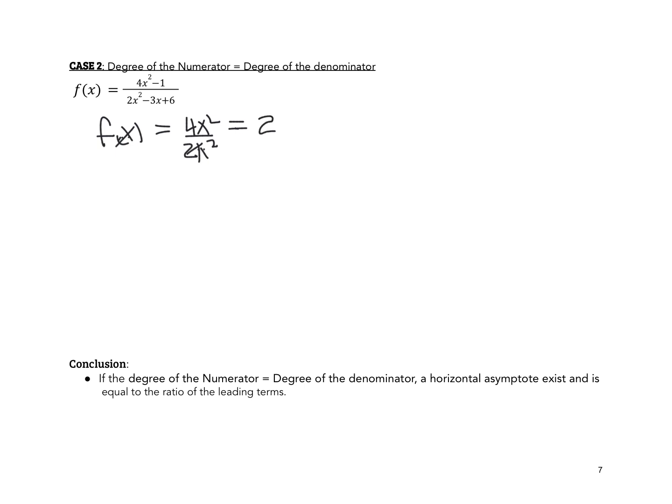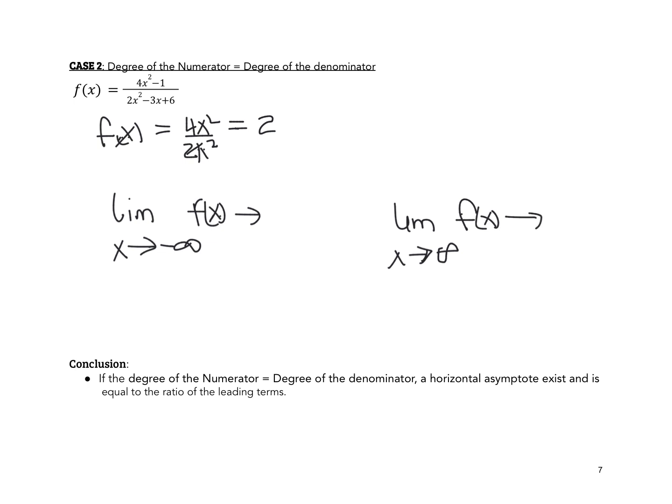Now let me find limits. I need to find the limit as x approaches negative infinity. So I'm going to figure out what f of x is, and then find the limit as x approaches positive infinity, and determine what the values of y approach.